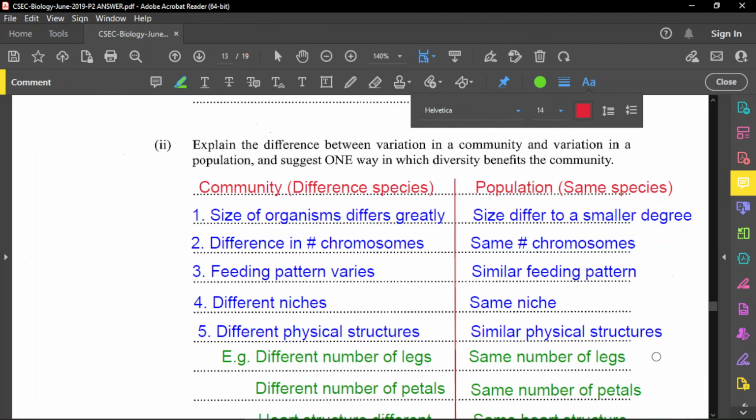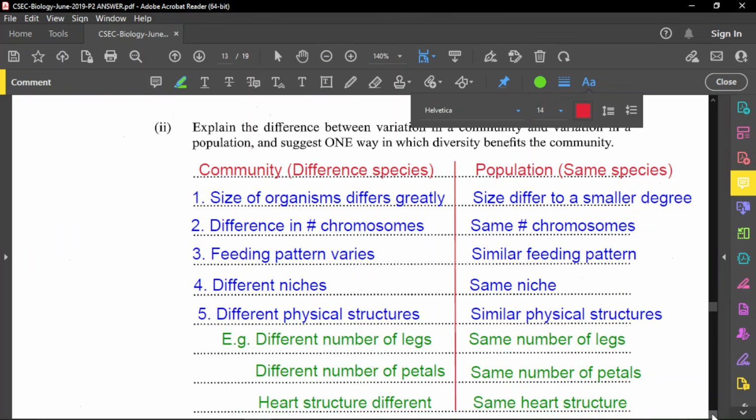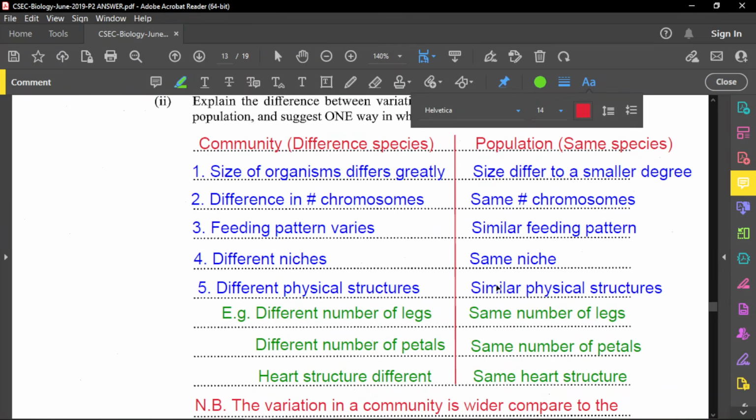Now for number 5, different physical structures for a community, but for a population the physical features will be similar. Let's take, for example, the number of legs: it differs in a community, but for a population it must have the same number of legs. Also, a different number of petals, for example in flowers.